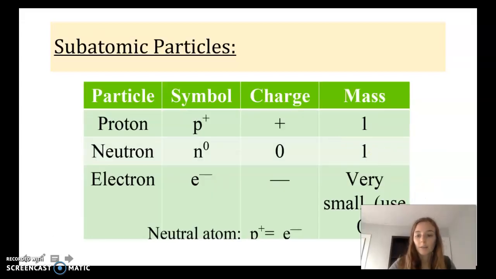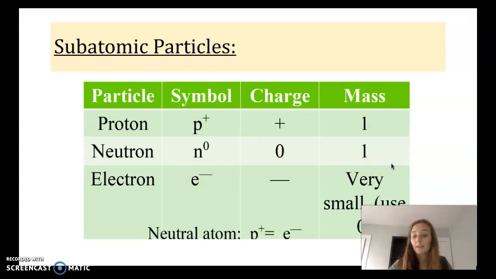We talked some about subatomic particles, and again, you saw this slide in physics. The different subatomic particles we can talk about are protons, neutrons, and electrons. Our symbol for protons will always be a P+. It has a charge of +1 and a mass of 1 AMU. A neutron has this symbol, a charge of 0, and the mass is also 1.